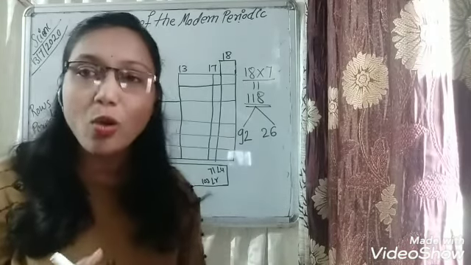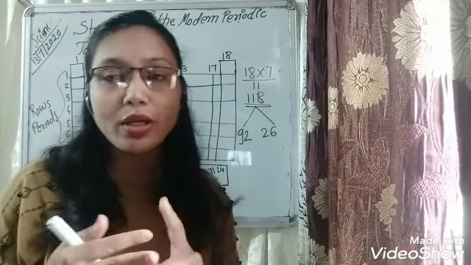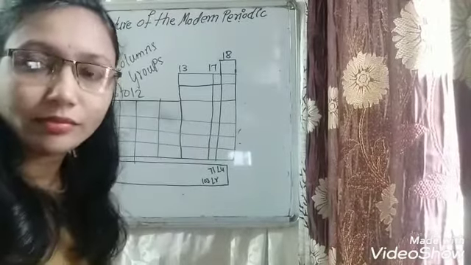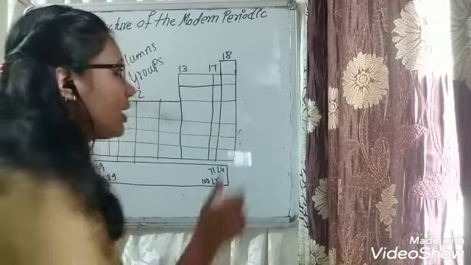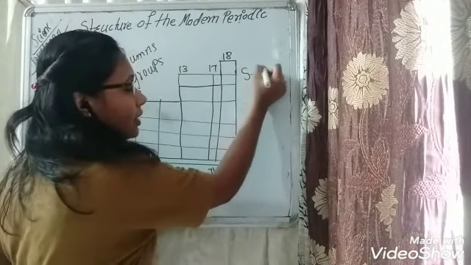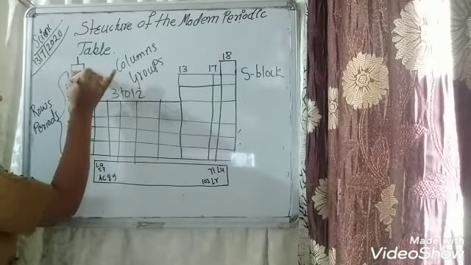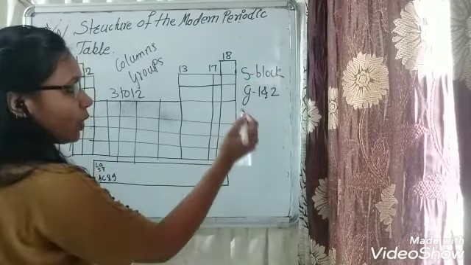These 4 blocks are called the S block, P block, D block and F block. How are the S block and P block formed? The S block is formed by group numbers 1 and 2. You can see here, groups 1 and 2 form the S block.